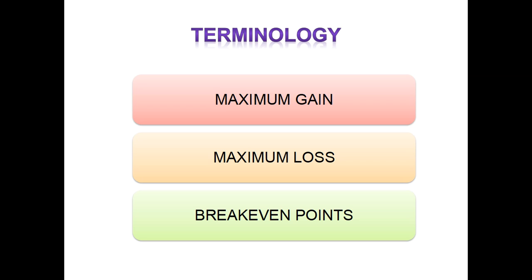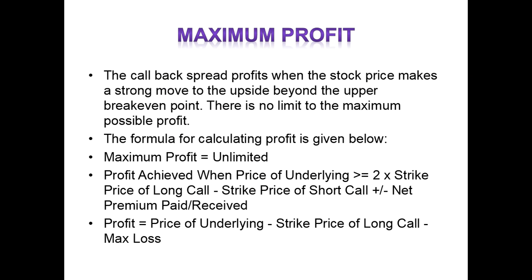So let's look at the maximum gain, loss, and the break-even points in this option strategy. The call backspread profits when the stock price makes a strong move to the upside beyond the upper break-even point. There is no limit to the maximum possible profit. The formula for calculating profit is here.